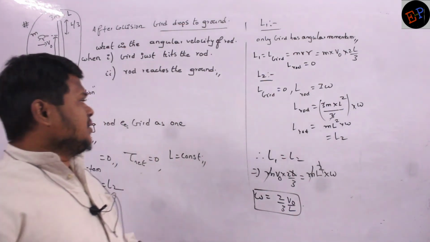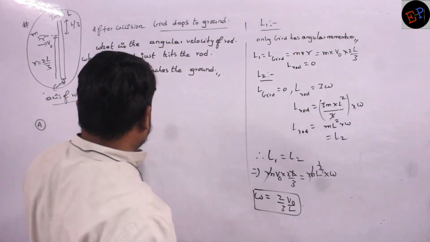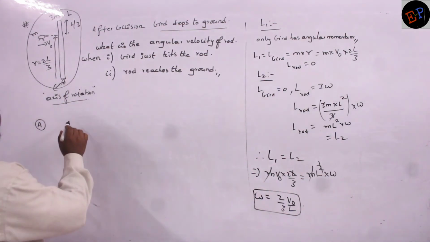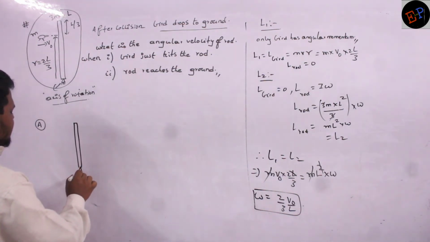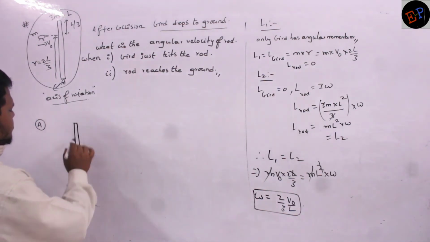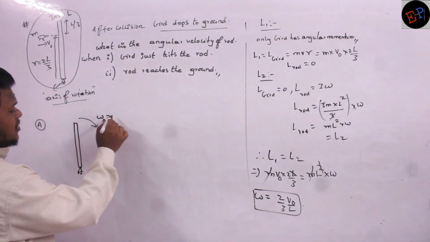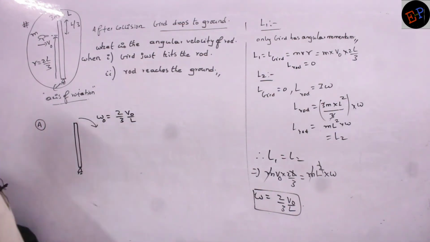Clear now? With this angular velocity the rod starts rotation. So this is the rod initially, and this is the axis of rotation. The rod starts falling with an initial angular velocity of 2 by 3 v0 divided by L. This is the initial angular velocity.